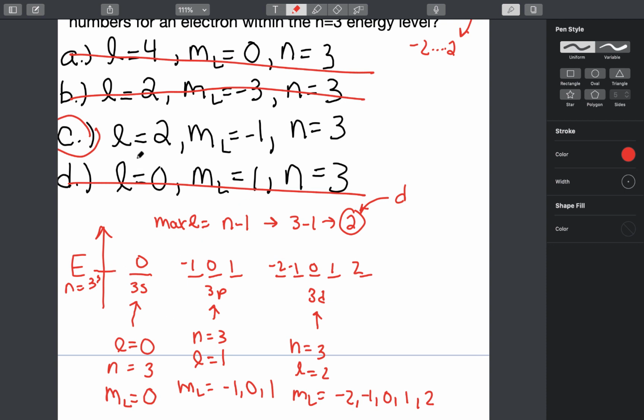And then we go look at our angular quantum number, which says an L is equal to 2, and this corresponds to the 3d sublevel. And we look at our 3d sublevel, and the 3d sublevel contains magnetic quantum numbers from -2 to 2. So therefore, it should contain a magnetic quantum number equal to -1. So therefore, C is correct.